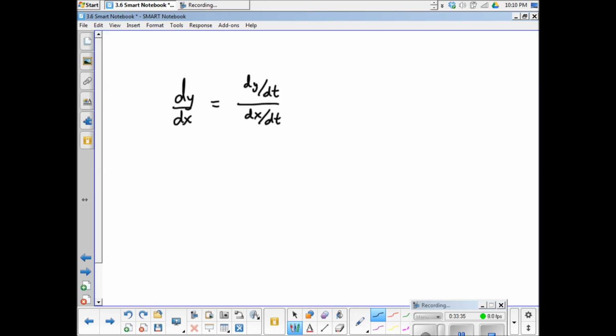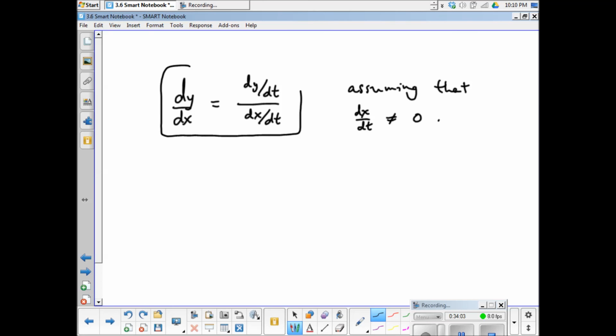And this, of course, assuming that dx dt is not 0, otherwise you couldn't be dividing here. It also assumes that we don't have cusps and corners and those sorts of things. So this assumes differentiable functions x and y. But those ones I gave you were sine and cosine. Those are perfectly continuous and differentiable. New rule.